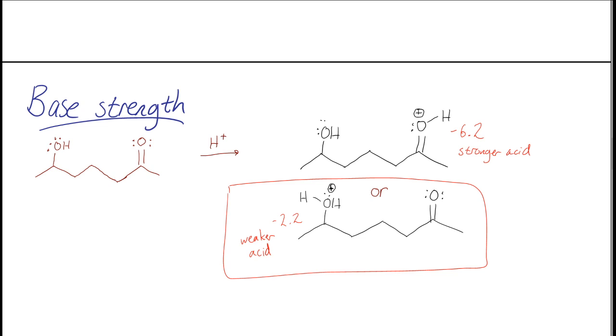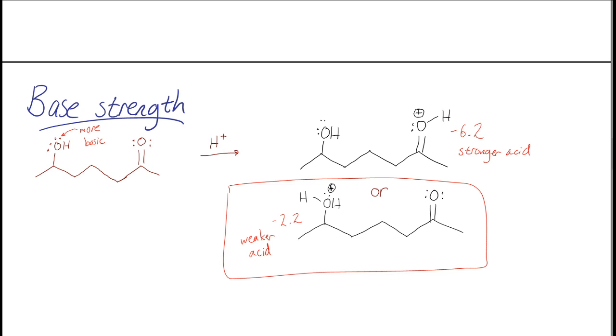The other way we can think about that is going back to our original molecule here, and we can say that this site here at the alcohol is more basic because it leads to the less acidic conjugate acid. Remember that conjugates are always opposite in strength.